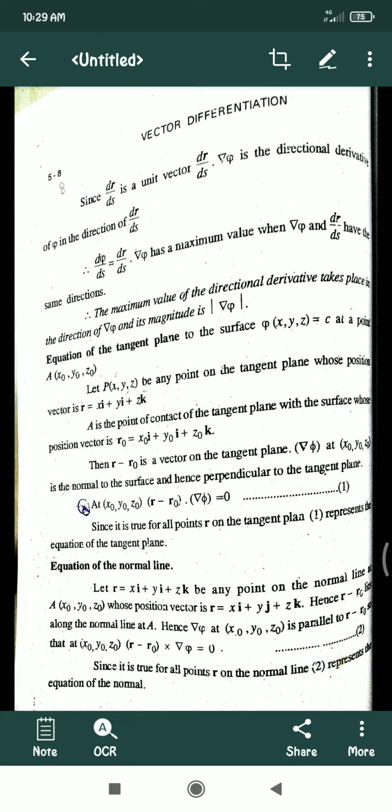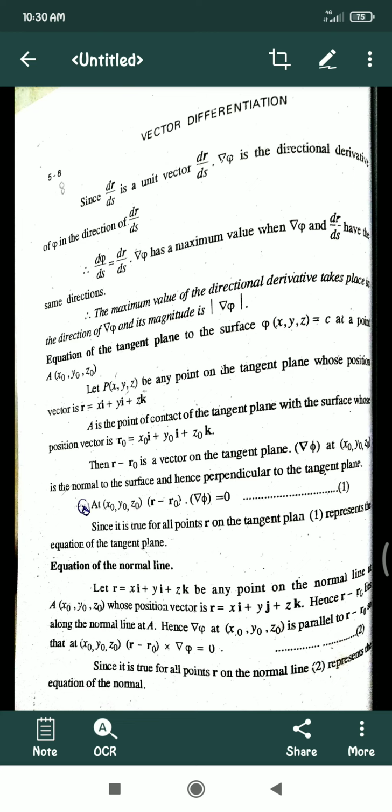Then we have to subtract r naught from r. That is the intersection of the tangent plane with the normal surface. So finally, at the point x naught, y naught, z naught, we have the equation (r minus r naught) dot del pi equal to 0. That is the equation of the tangent plane.